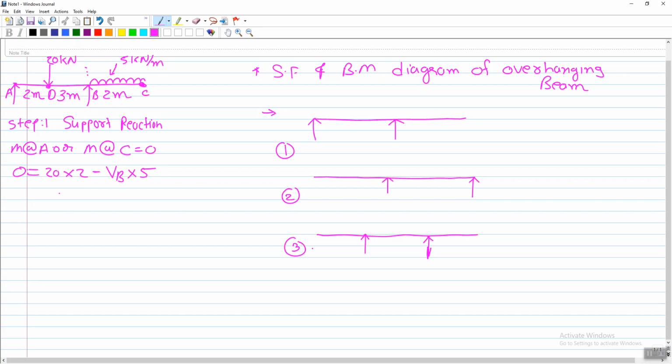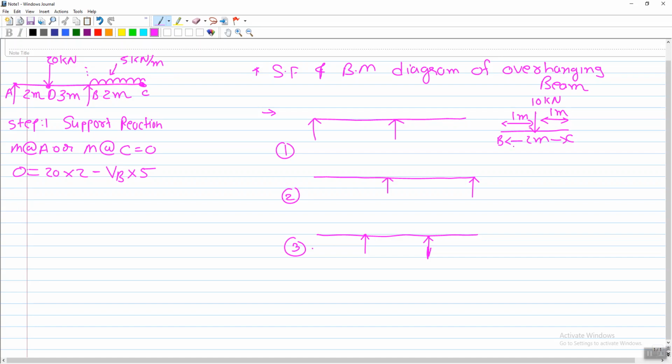If you simplify the UDL, the overall span is 2 meters because it is applied between point B and point C. So 5 into 2 is 10, and it acts at the mid span, at a distance of 1 meter from point B as well as from point C. The magnitude is 10 kilonewton in the simplified form of this UDL.